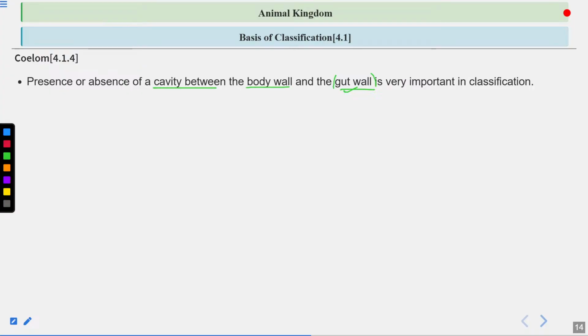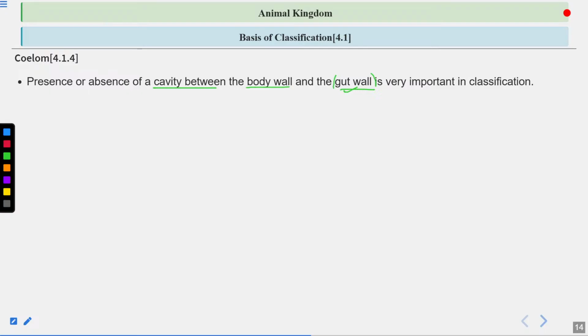So the gut wall, you want to understand the gut wall. Gut is like your stomach actually, right? If you think about this alimentary canal, it starts from the mouth and ends at the anus. And what does this canal system have? You see the mouth, the esophagus, the stomach, the small intestine, large intestine, rectum, and then comes the anus.